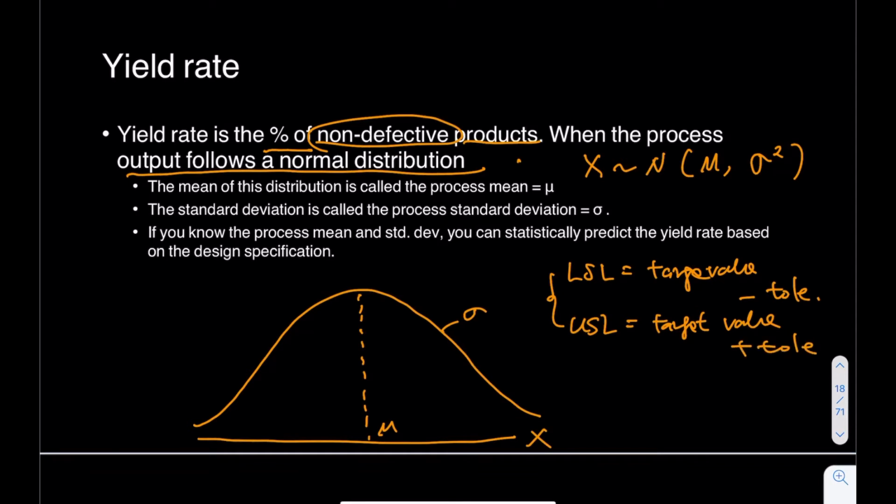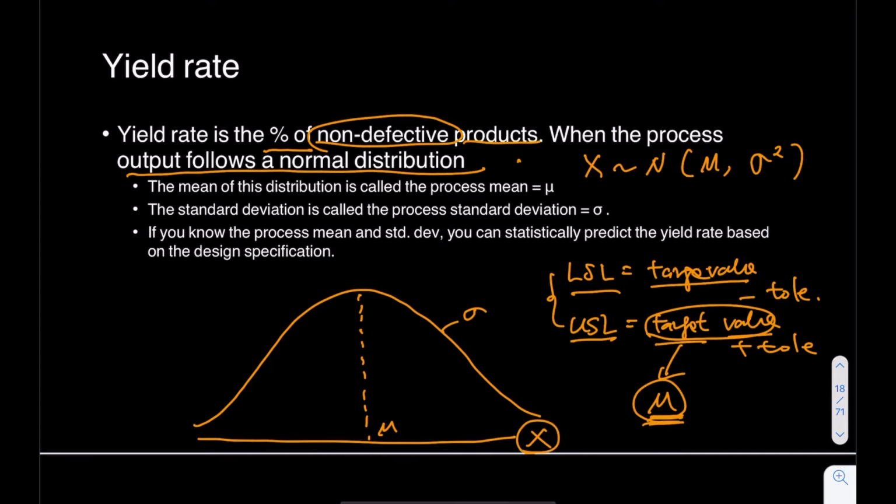When a designer sets these limits, the target value in general may be matched with the average of actual outputs. It's not always true, but if the production environment is normal, the majority of products may get this target value as an output dimension. Therefore, in a normal process, many times the average of your output may match the target value.